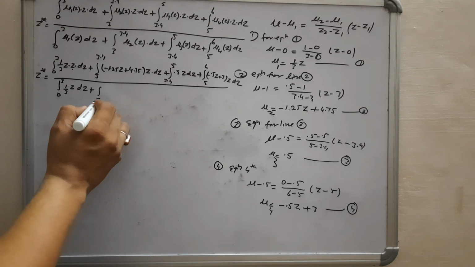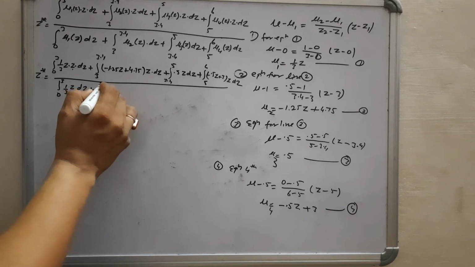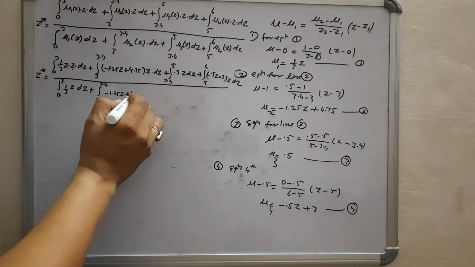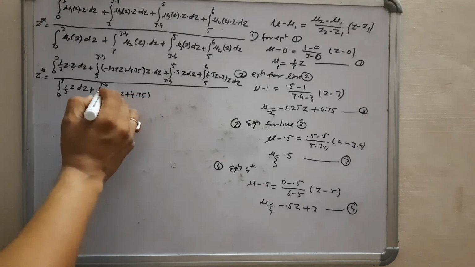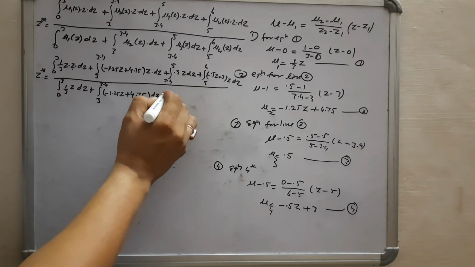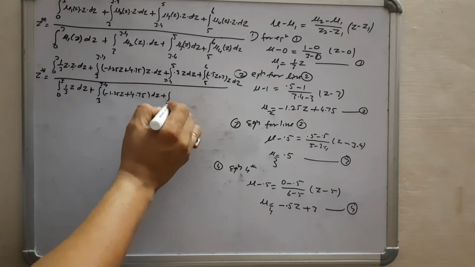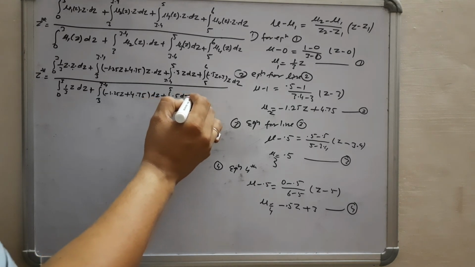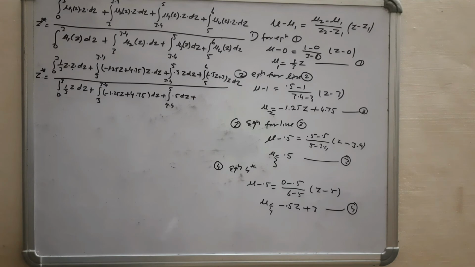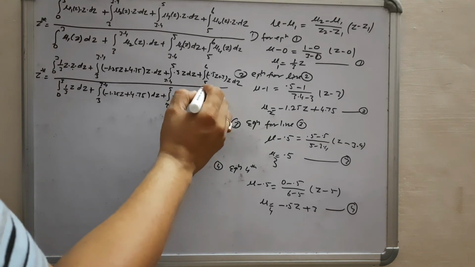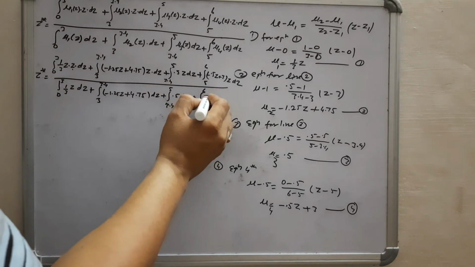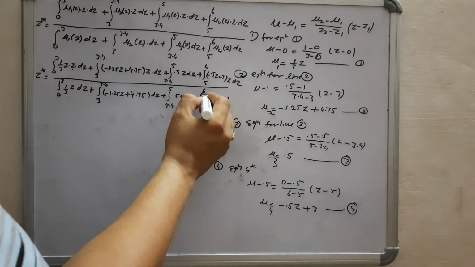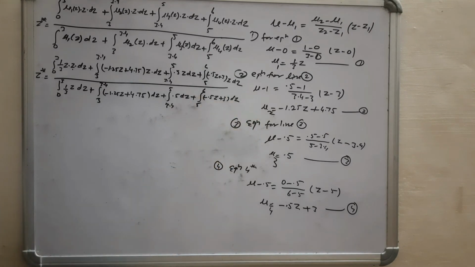Then 3 to 3.4, minus 1.25 z plus 4.75 dz plus 3.4 to 5, 0.5 dz plus 5 to 6, minus 0.5 z plus 3 into dz.